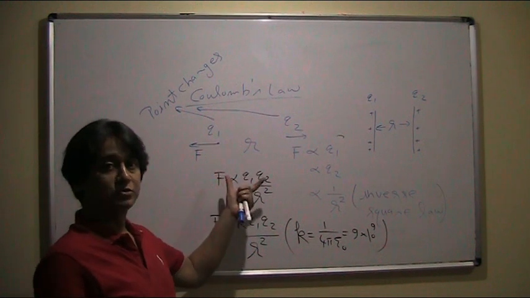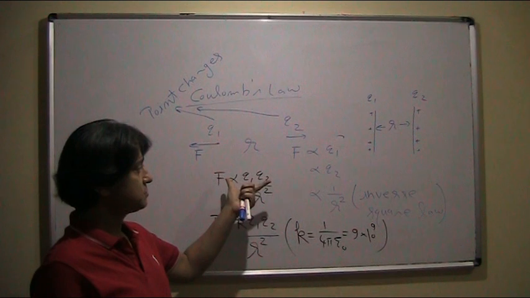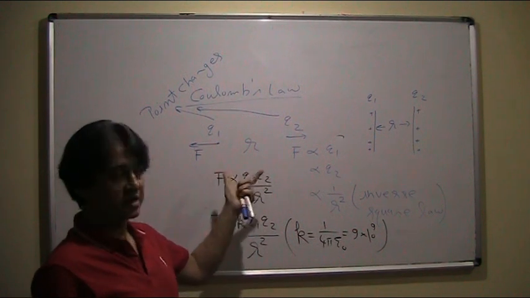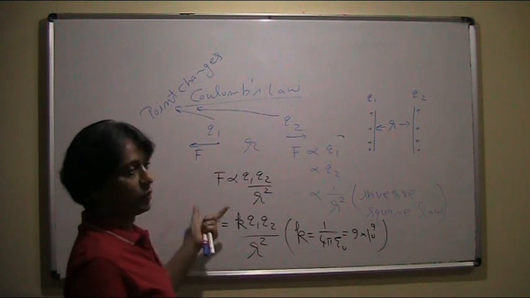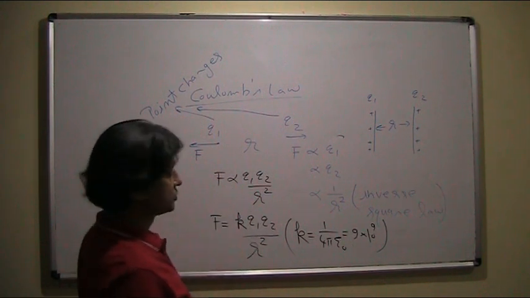Now let's see Coulomb's law in vector form, or force between the charges in vector form. This is the magnitude, and now we'll deal with the vector form of Coulomb's law.